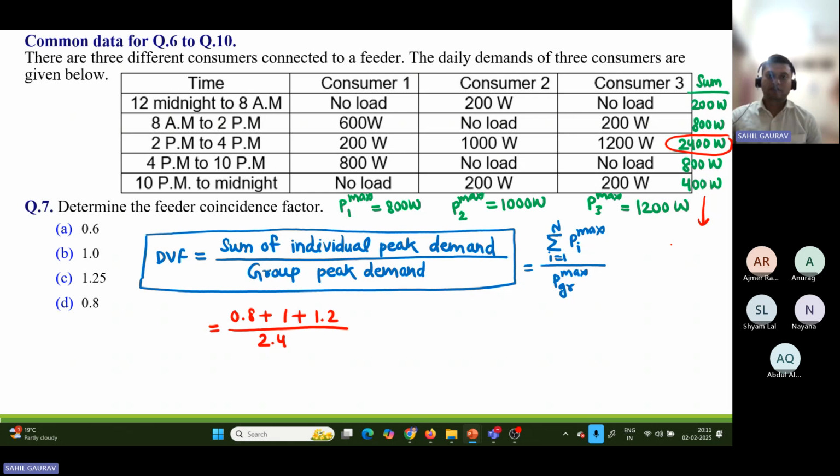So from here you will get the group peak demand, that is 2.4 kilowatt. So 3 upon 2.4, you will get 1.25. So this is diversity factor.